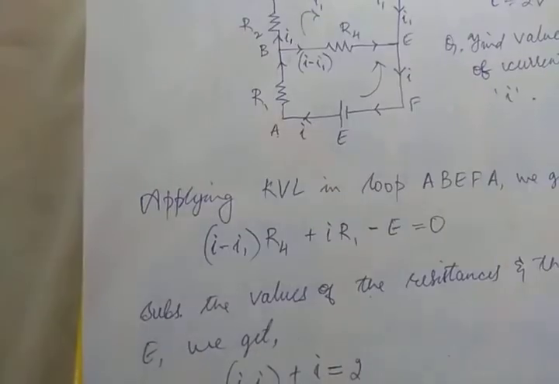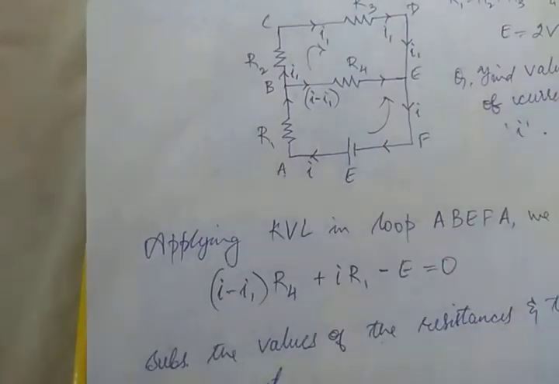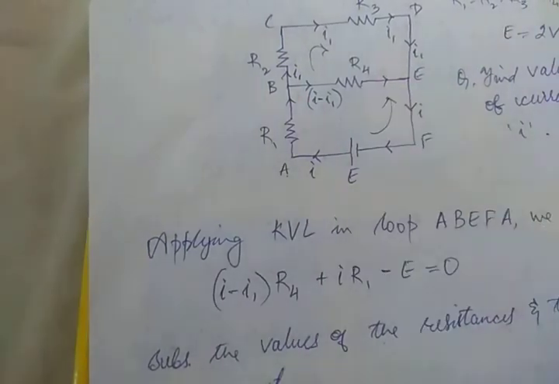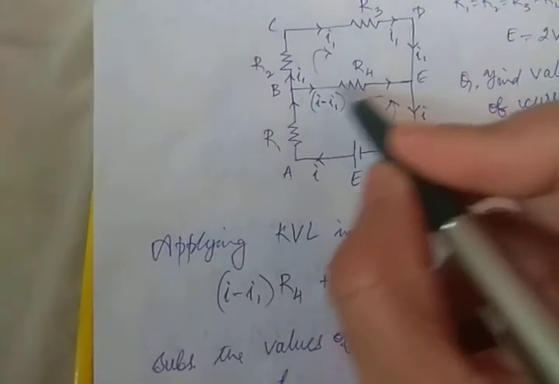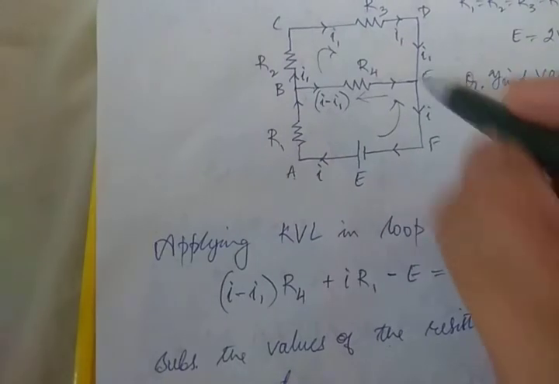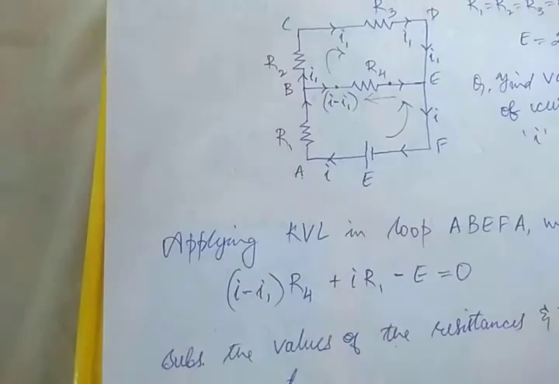Applying Kirchhoff's voltage law in the lower loop, we've taken the anti-clockwise direction over here. First we encounter R4. We are moving in this direction, and we see current is flowing in the opposite direction. So we are now moving from lower potential to higher potential.